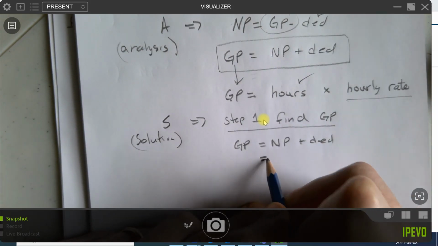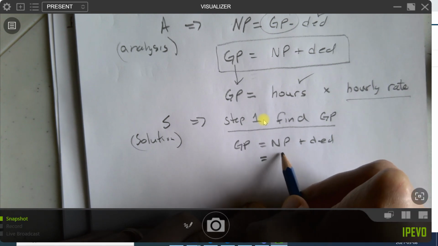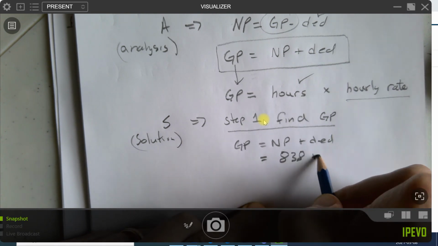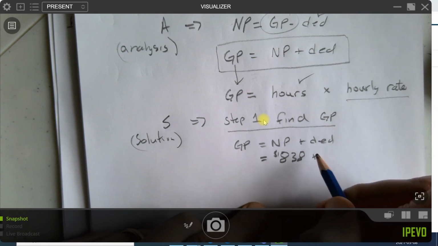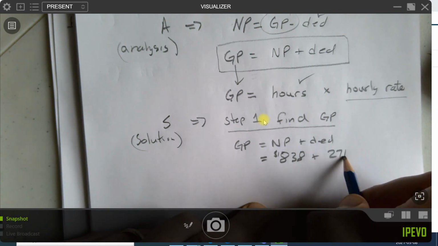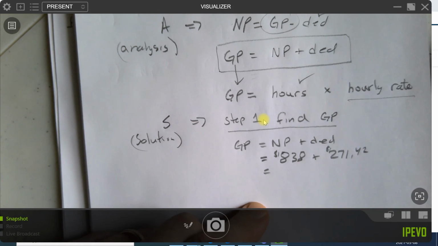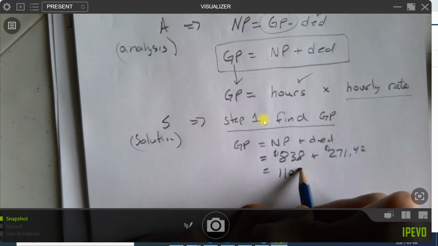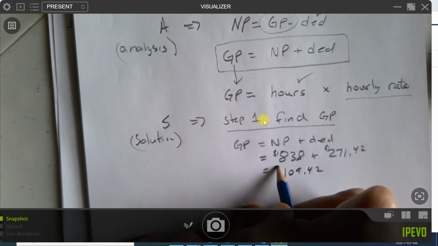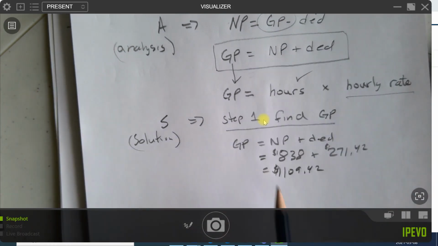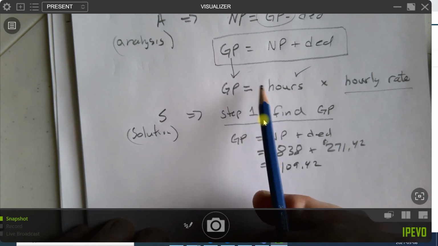So our net pay in this case was $838 plus our deductions of $271.42 gives us, let's plug that into the calculator. 838 plus 271.42 gives $1,109.42. So that's their gross pay. So that's the first step right there.